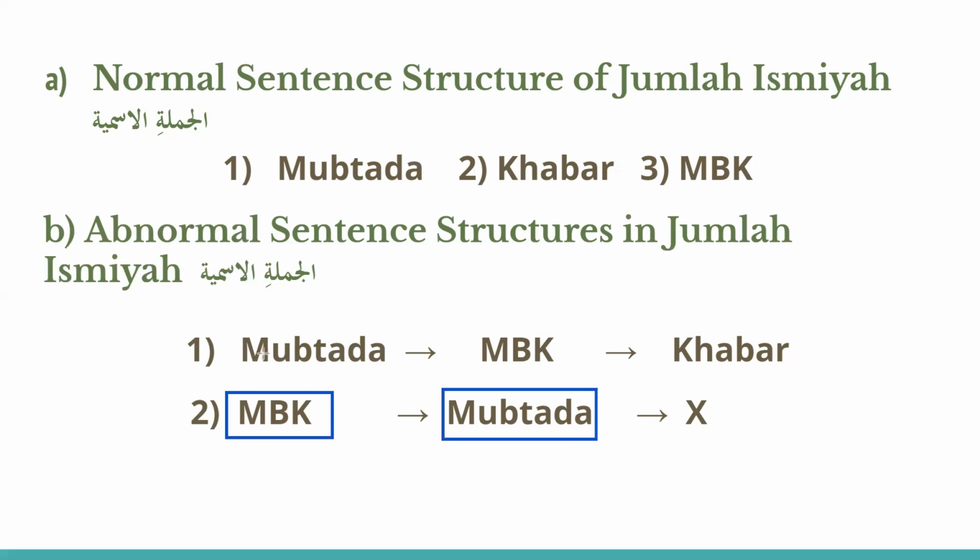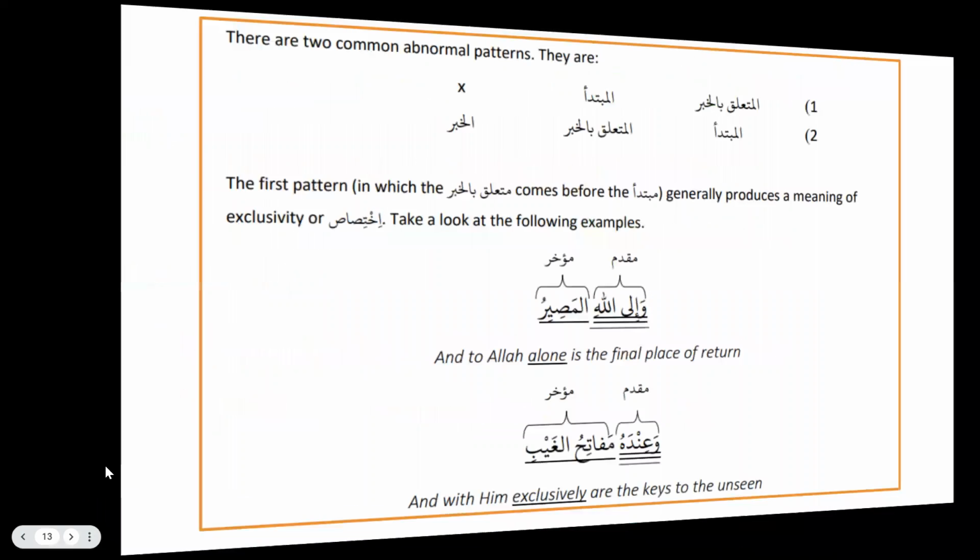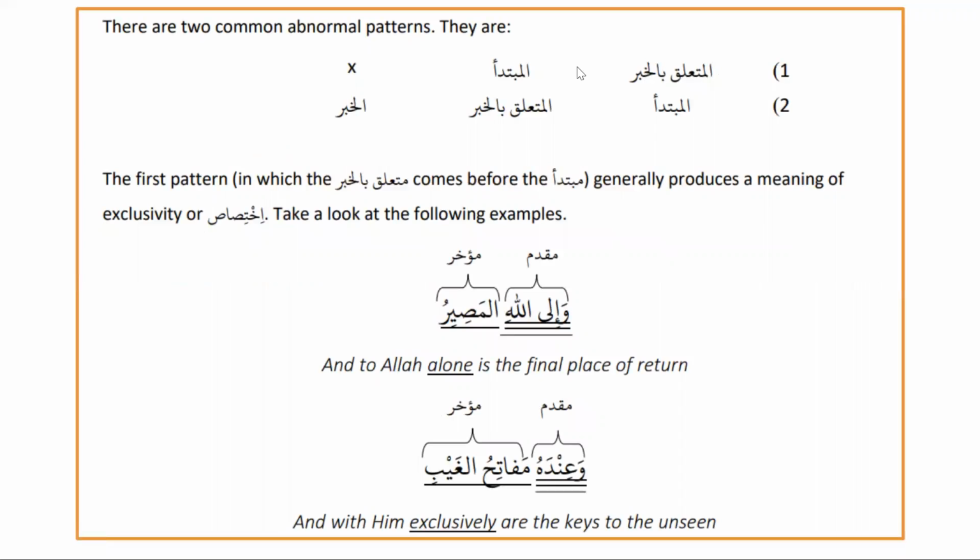In this sequence, mubtada is normal, mutaliq bil khabar is muqaddam and khabar is muakhar. Now let's go to the next slide and learn these two different unusual sentence structures with examples. And these are the two common abnormal patterns.